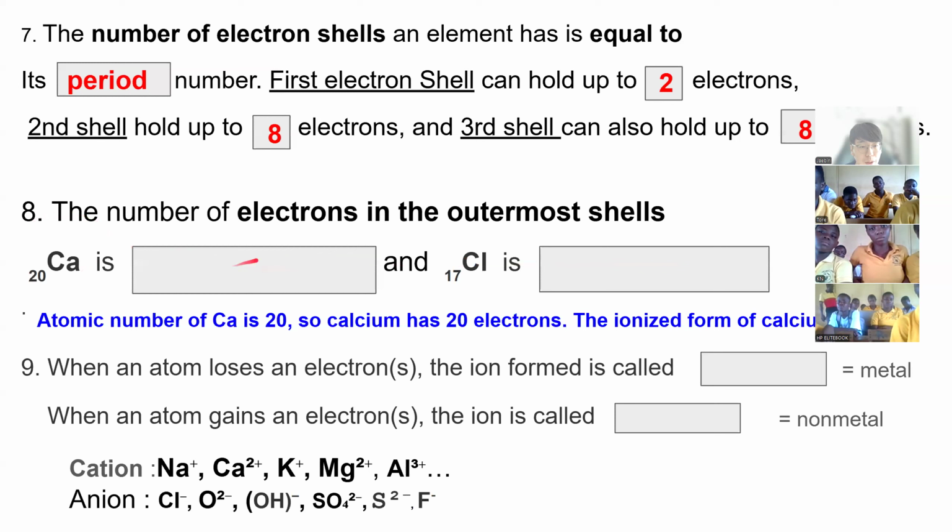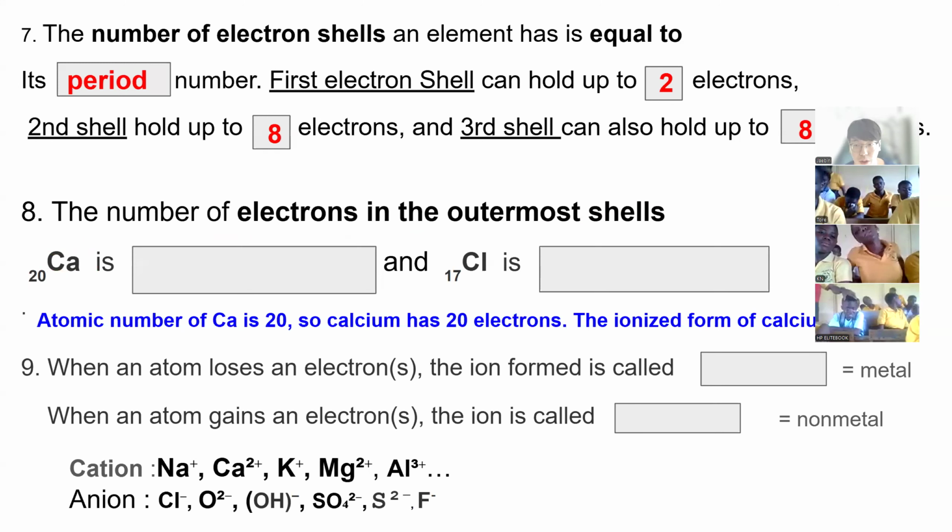And the number of electrons in the outermost shell, we can calculate simply by using the number of electrons each shell can hold. So for calcium, it has an atomic number of 20.